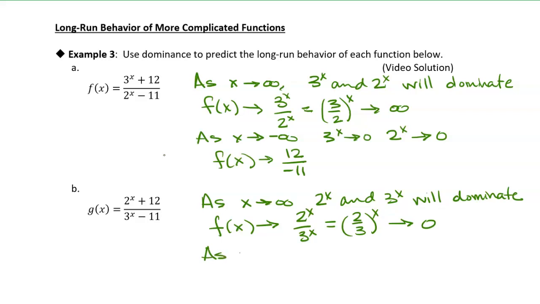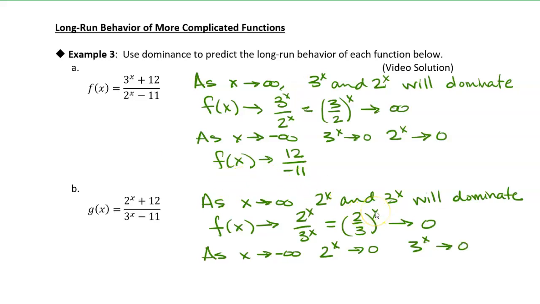And let's look at as x goes to minus infinity. Just the same thing that happened before. 2 to the x goes to 0, because x is negative, so it's essentially like 1/2 to the x. And 3 to the x goes to 0 as well.